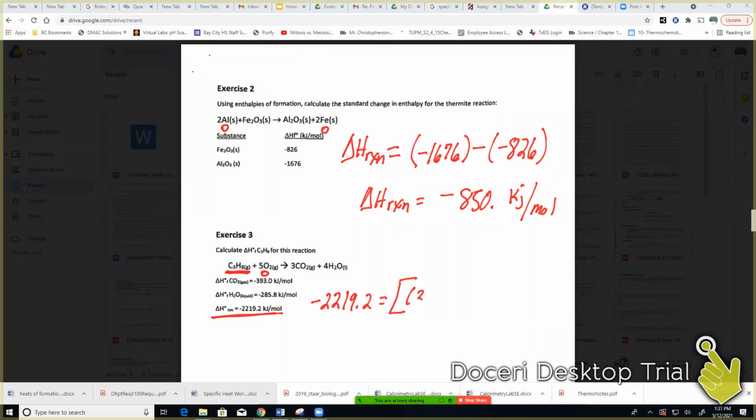Then I'm going to do 3 times my carbon dioxide value, negative 393.0, plus my liquid water, so 4 times negative 285.8.